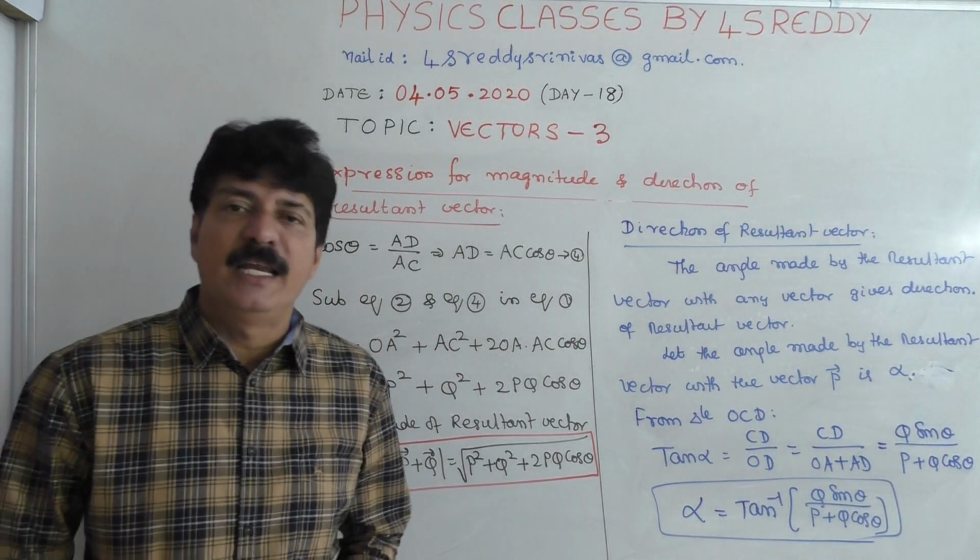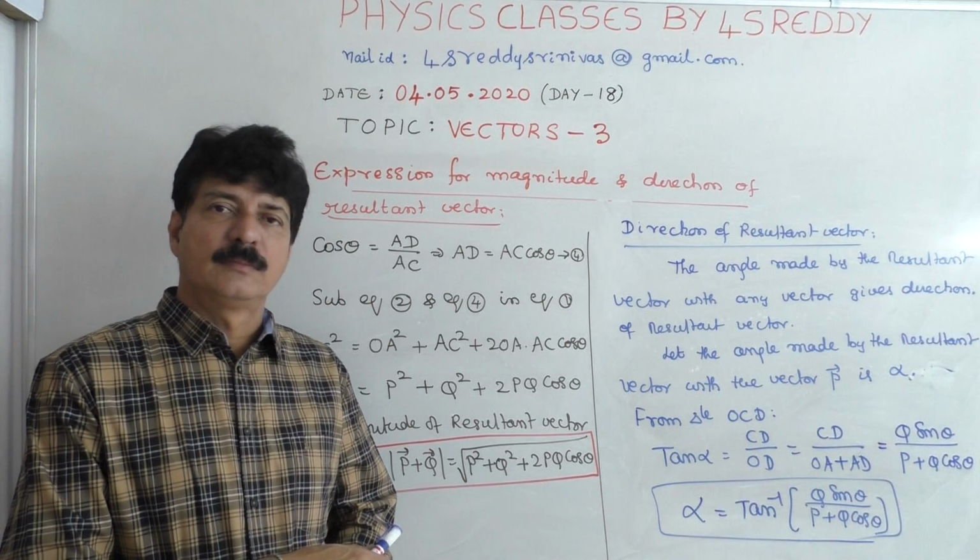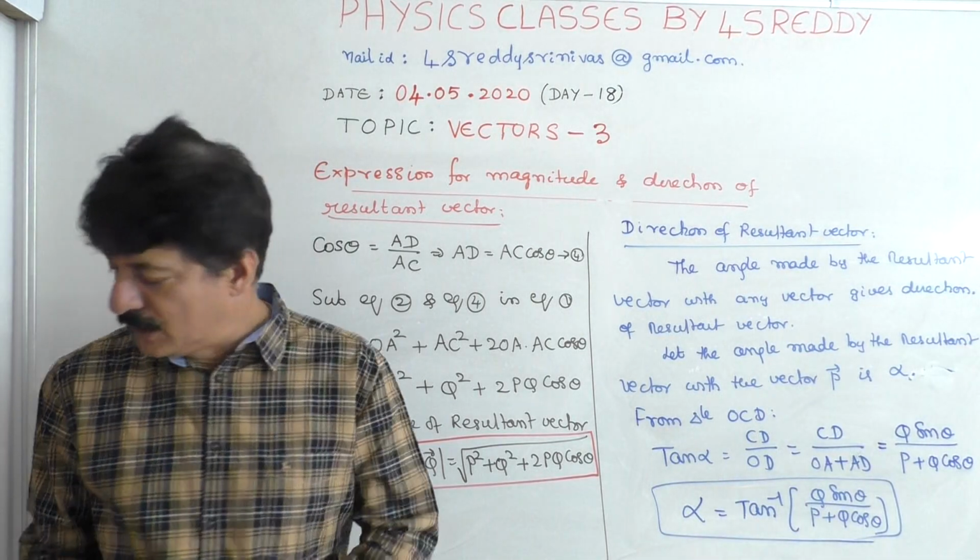This is the direction of the resultant vector. This is what you are going to get.